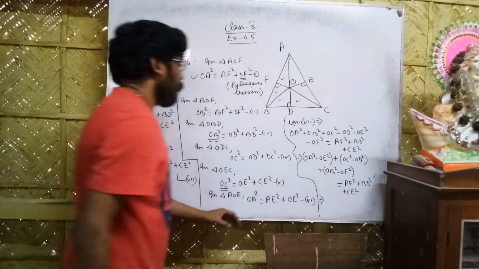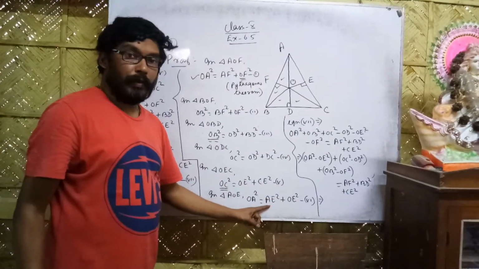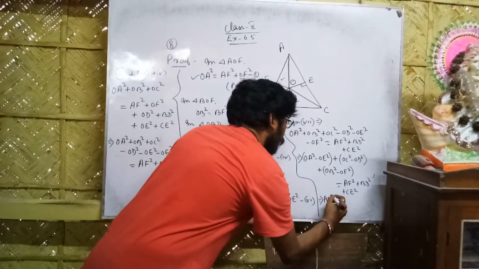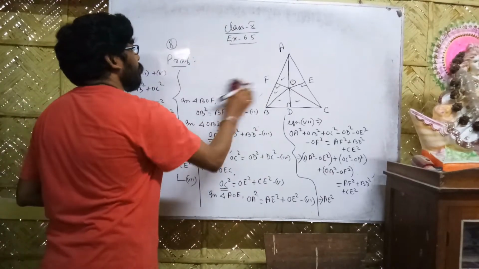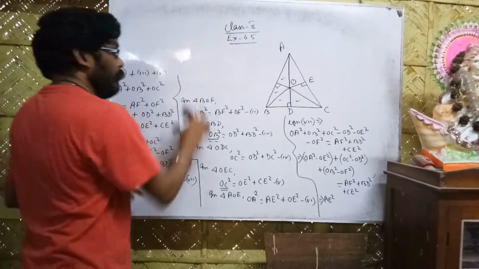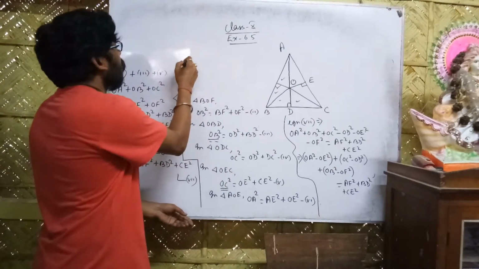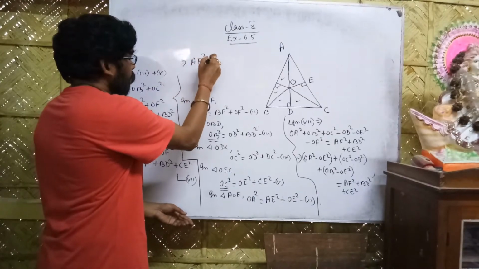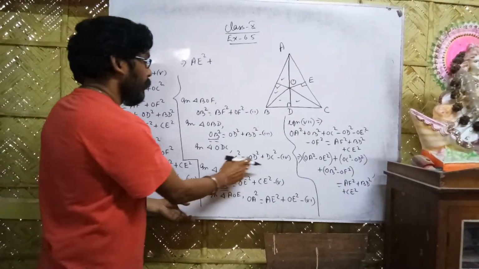So this implies OA square minus OE square, what can you write? AE square. Let me write it here: OA square minus OE square is AE square, plus OC square minus OD square is DC square.